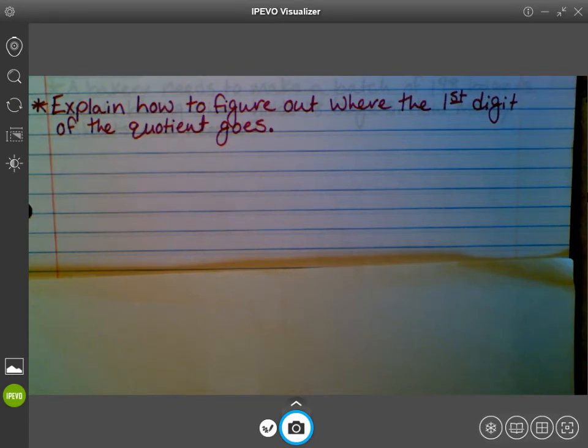Okay, what I want you to do is think to yourself, after us practicing placing the first digit of the quotient, I want you to think in your head, how would I explain what we did to someone else? I want you to think about that first. How would you explain what we did to someone else? Explaining how to place or figure out where the first digit goes. How would you put that into your own words?